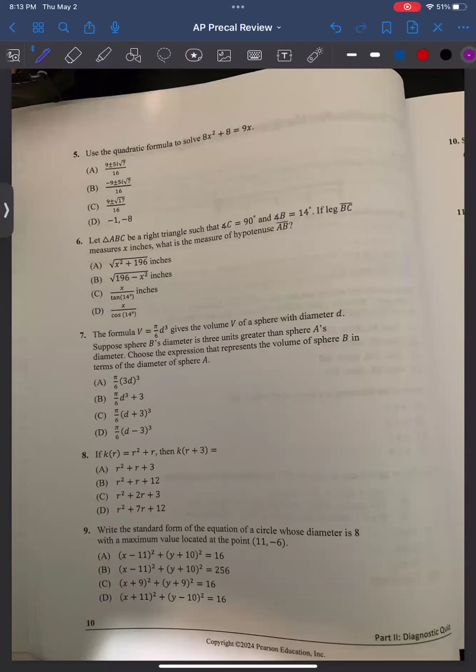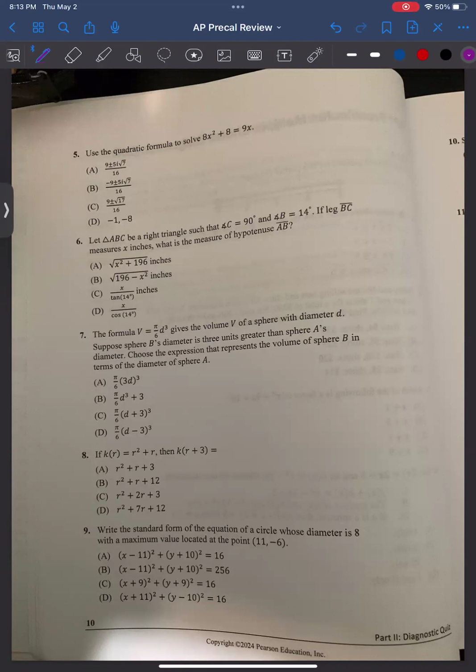Even the textbook is the only AP edition textbook out there for pre-cal. How reliable is it when there's no previous exam for it to work off of? It's a very weird thing to do.